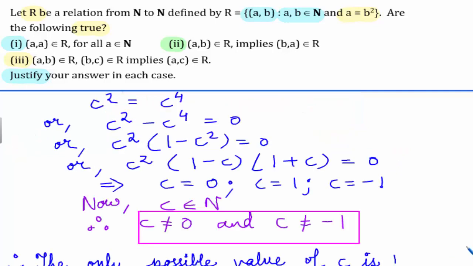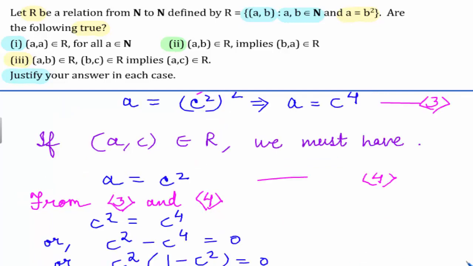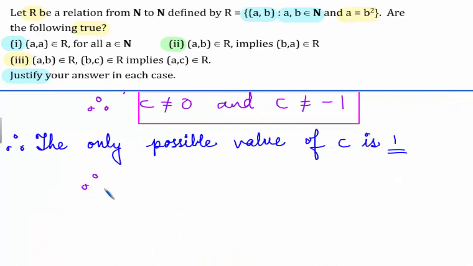Now we have b = c² and a = b². This means that a is also equal to 1 and b is also equal to 1.